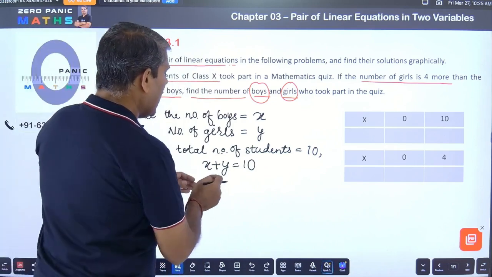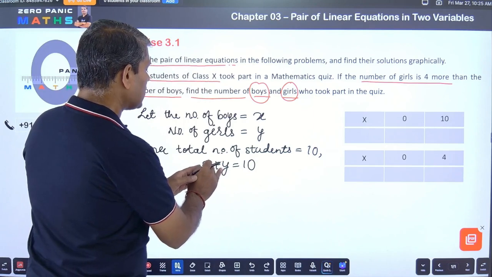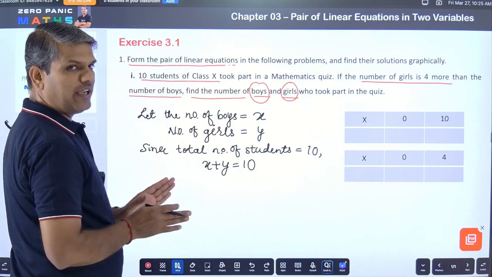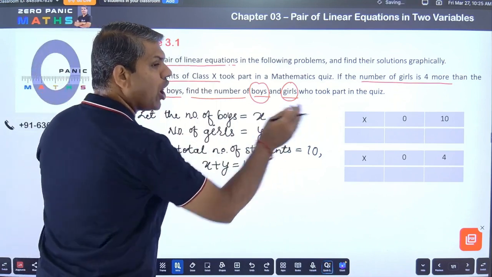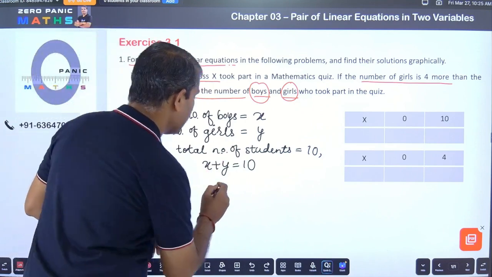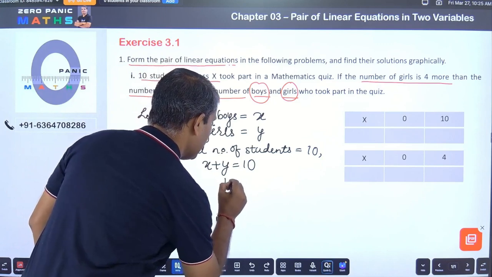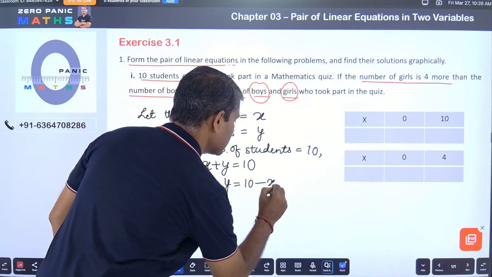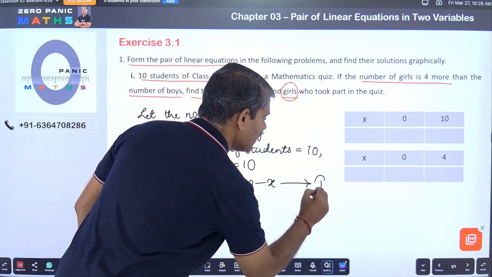I can just convert this equation into terms of x to y, so that I can plot that as one linear line. So I can say y is equal to 10 minus x as one equation for me.